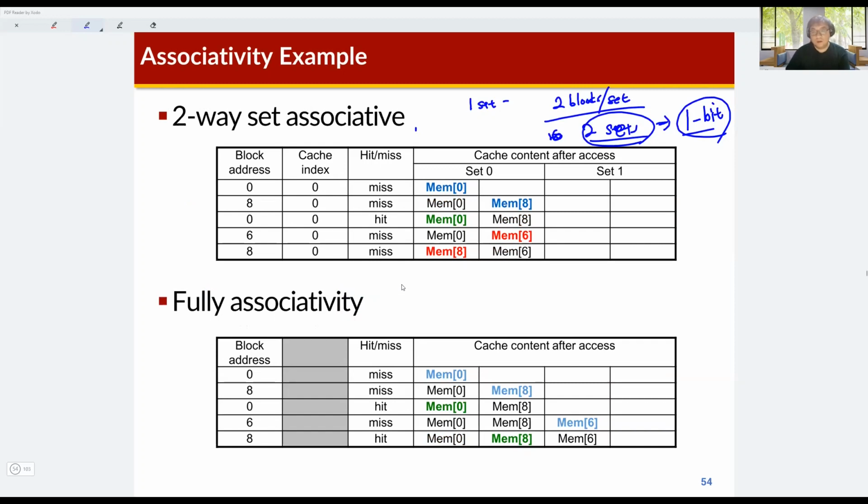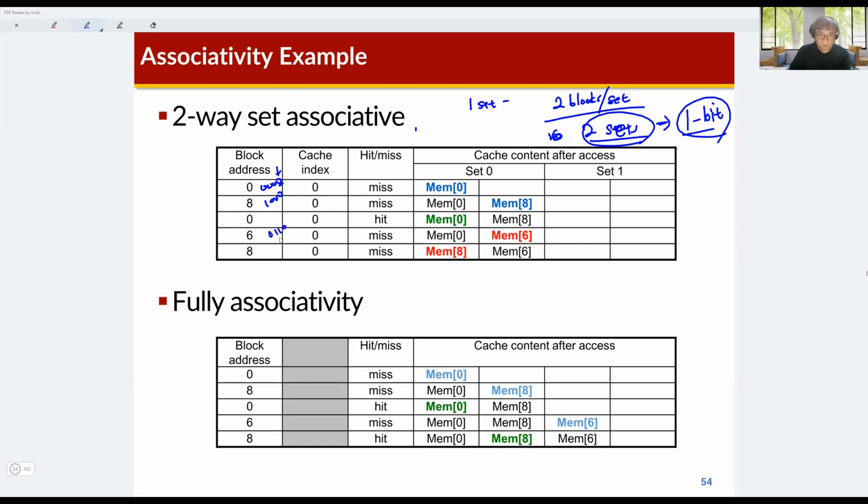So this is 0000100, but only the last bit is the index bit for this two-way set associative cache. So what is different?